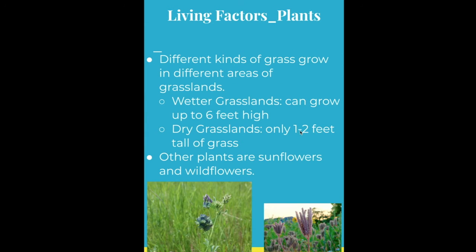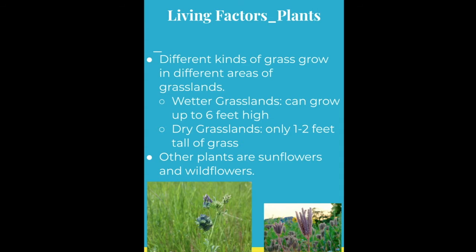Other living factors in grassland are the different plants. Like the name, the main plant in grassland is grass. Although most grasslands are filled with grass, different areas have different amounts of grass. For example, in areas that receive a lot of rain, the grass can grow up to 6 feet high.